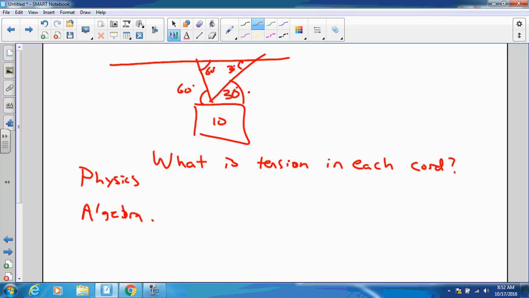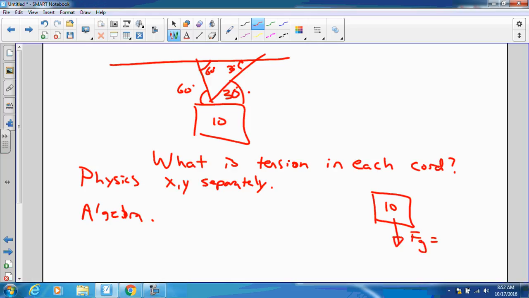Okay, so to do the physics, the basic plan is x and y components separately. What happens in the x stays in the x, what happens in the y stays in the y. And so to do that, I'm going to represent my object here with all of the forces acting on the object.